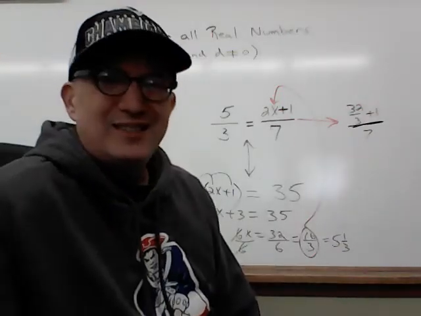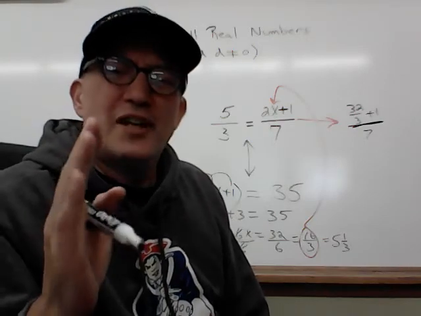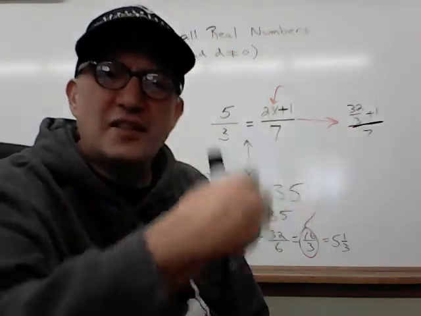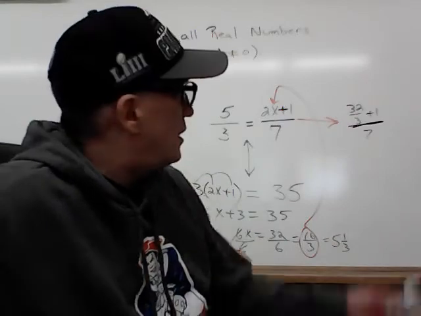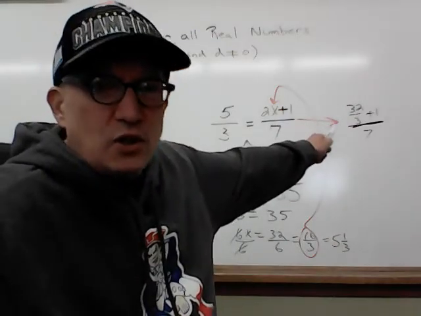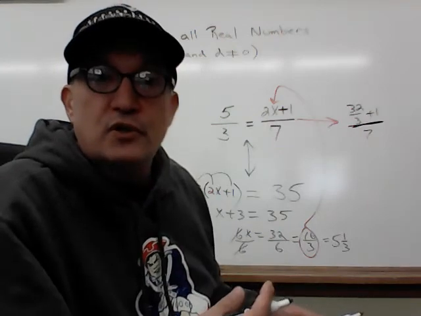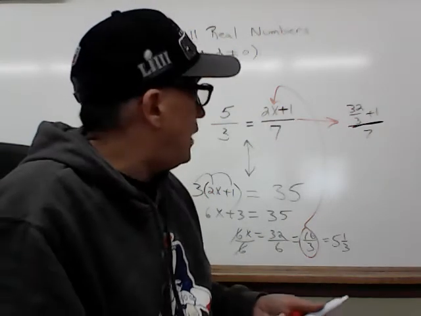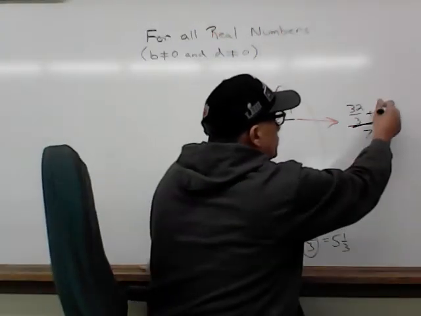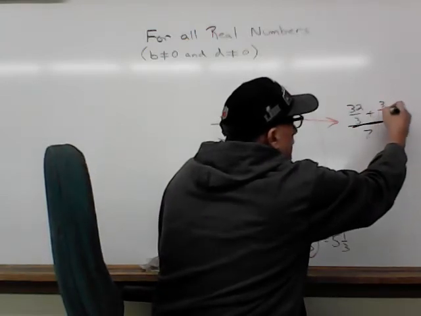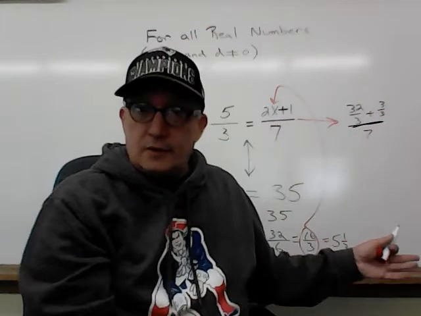Plus 1. Well, let me introduce you now to another thing that smooths things out sometimes. Rather than converting that 32/3 to a mixed number, then adding 1, how about if we just add 3/3 to the 32/3, right? How about if we just think of this 1 as 3/3? It is 3/3.